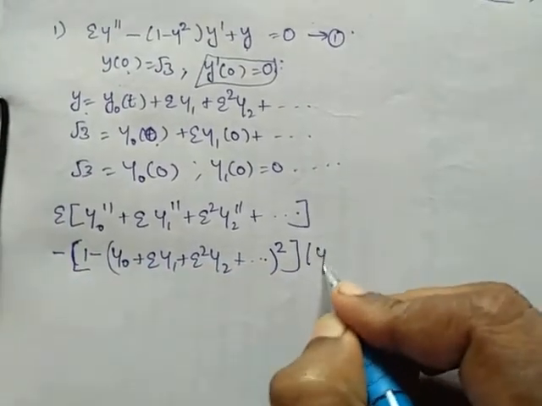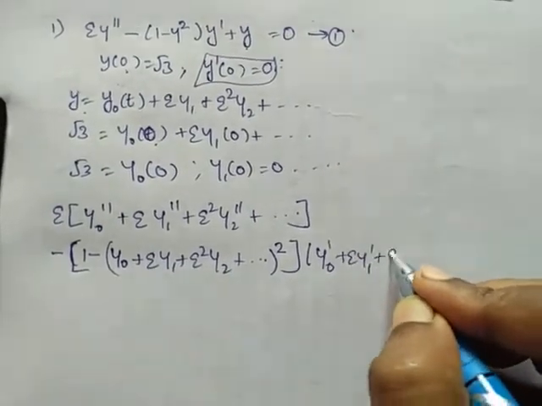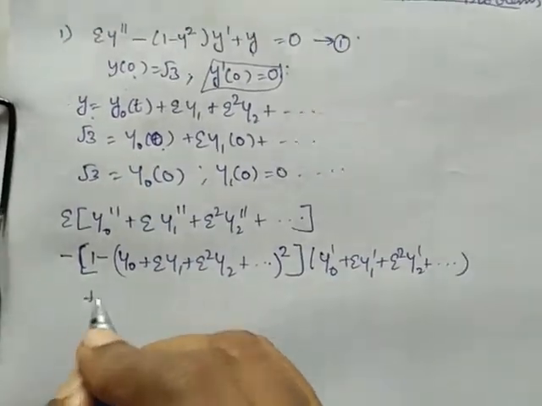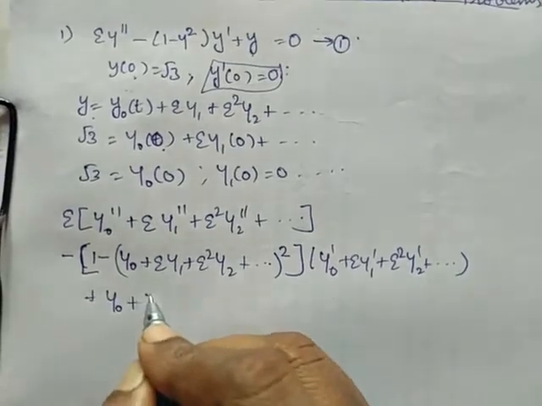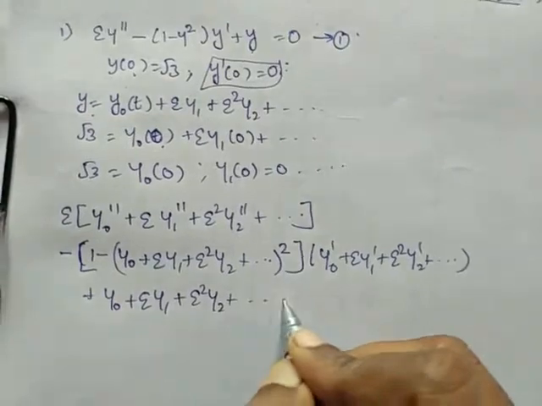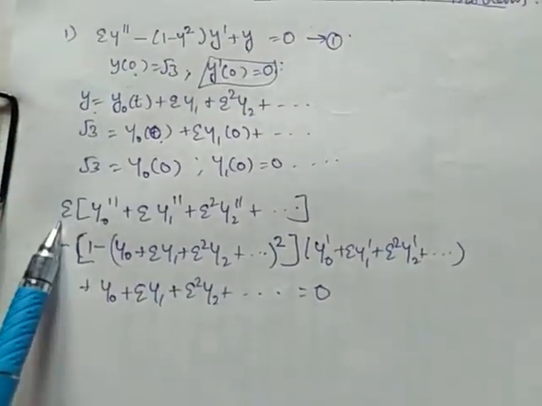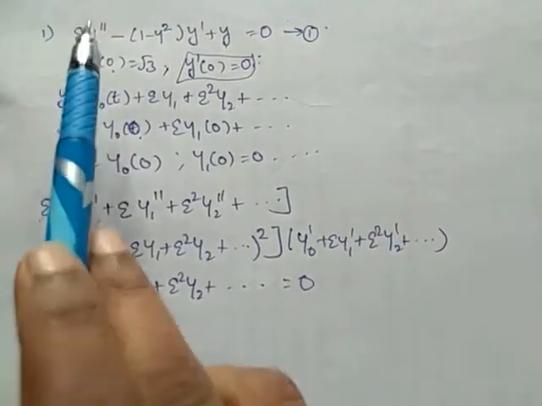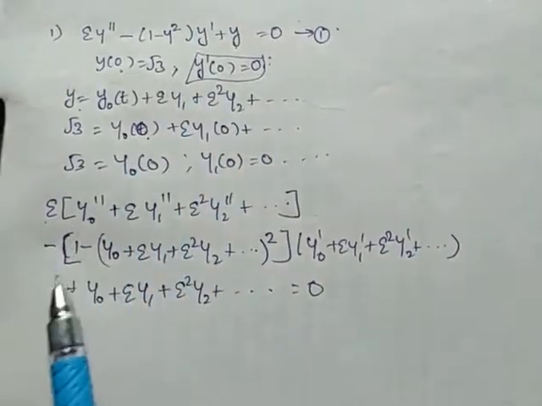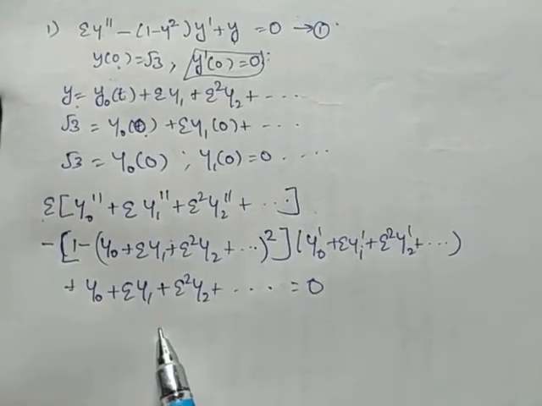Y dash is y naught dash plus epsilon y1 dash plus epsilon square y2 dash, etc., and last term y naught plus epsilon y1 plus epsilon square y2 plus etc. equal to 0. Here epsilon remains as it is. Differentiation of y twice. I have substituted that 1 minus y square into y dash plus y.